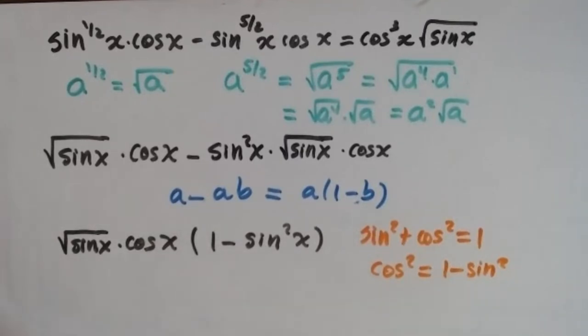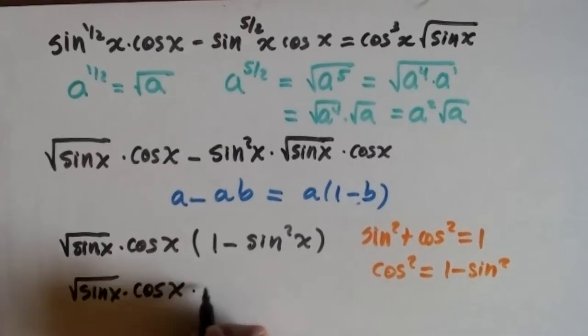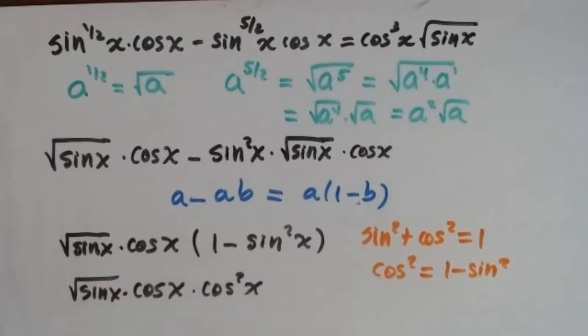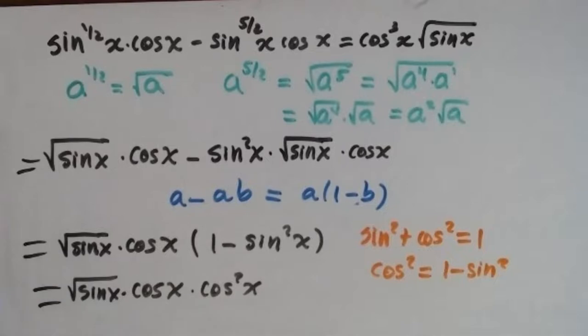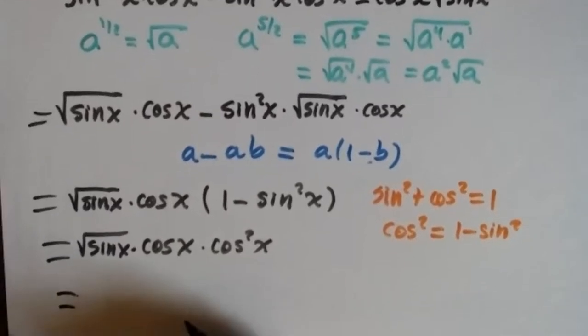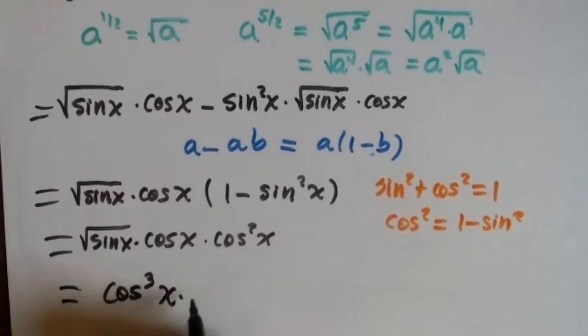Now, I'm going to change this by this. So this is going to be a square root of sine x times cosine x times cosine square x. Now, what is this? This is cosine cube, correct? So right here is going to be cosine cube of x times the square root of sine x.